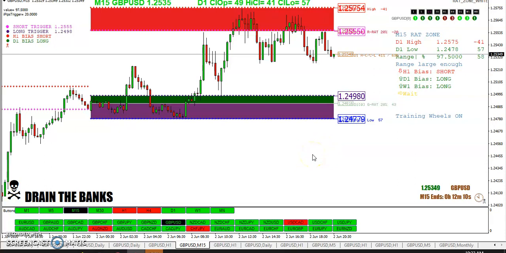Let's just say for argument's sake that number is about 14. That means out of those 100, the lowest 20 were somewhere between 0 and 14. So the smart rat says, I'm going to take the 20 percentile, and I'm going to put my trigger right here at this level.